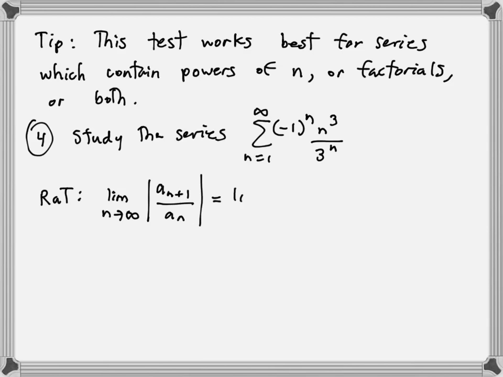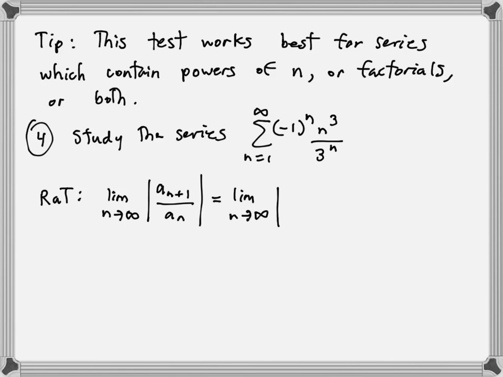So what is this actually equal to? What's nice about the ratio test is you don't need to find another series to compare it to. You're dealing with one series the entire time. Let's go ahead and write down what the quotient would be. What is a_{n+1}? We have the negative ones in there, but I'm not even going to write them down because we know that the negative ones are about to go away when we take the absolute value.